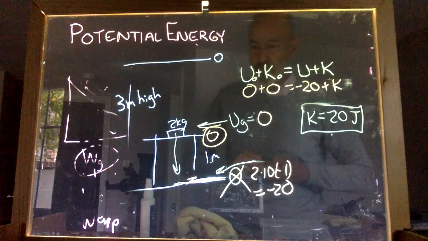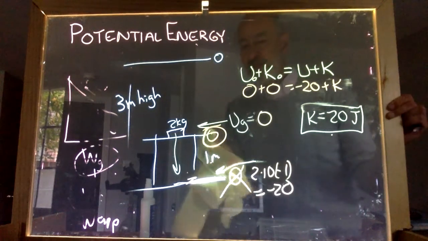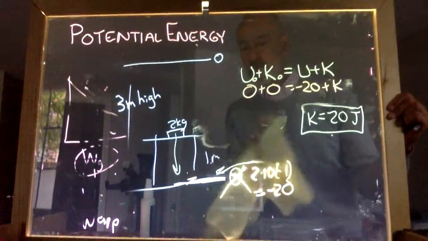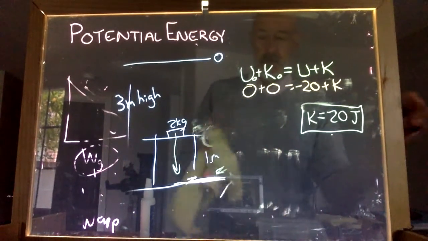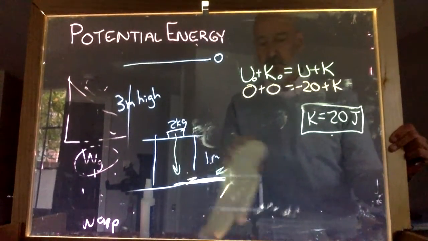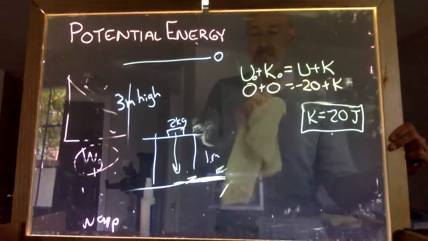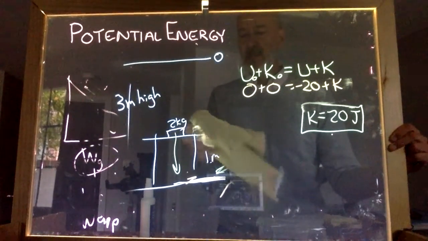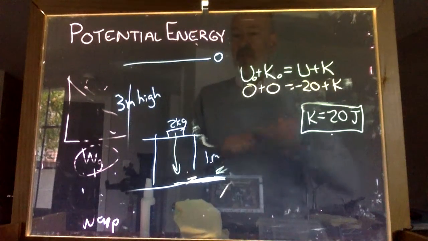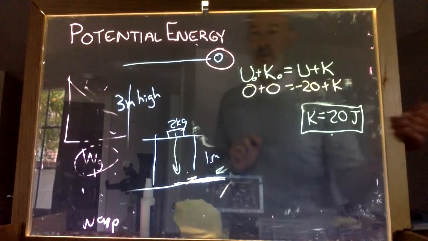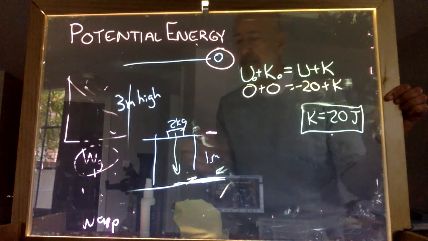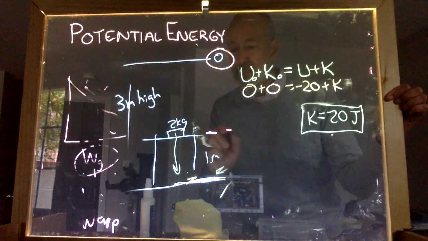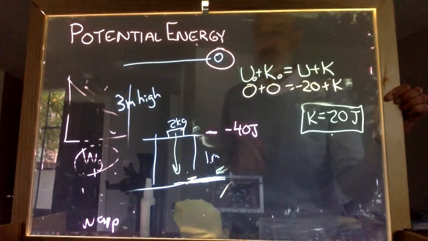Now I'm going to take it one step farther, and I'm going to call the ceiling 0. What? That doesn't make any sense. Well, it kind of does, and when we get to gravitation, you're going to see why I'm setting this up this way. So if I call this 0, the potential energy of the book at the very beginning is 2 times 10 times -2, which is -40 joules.